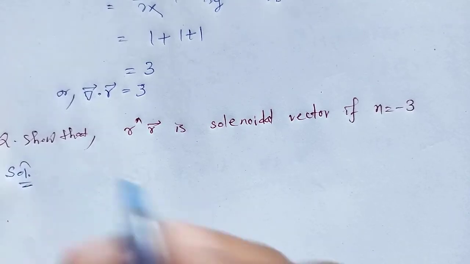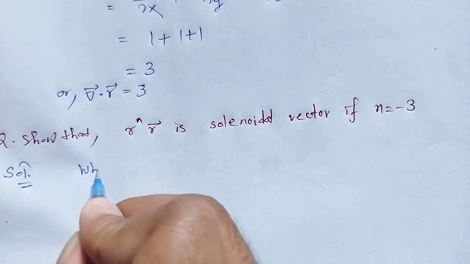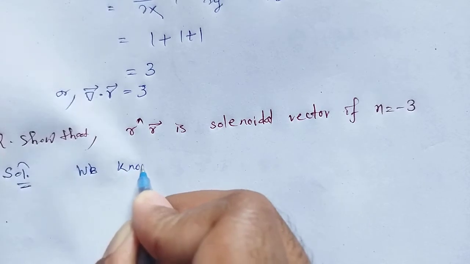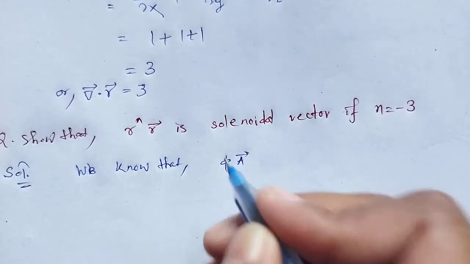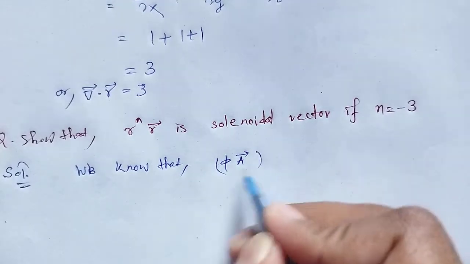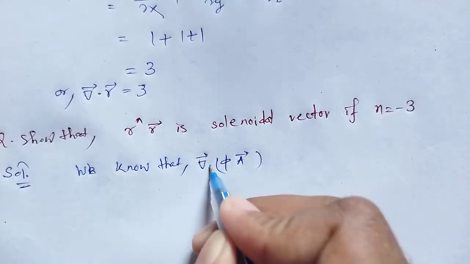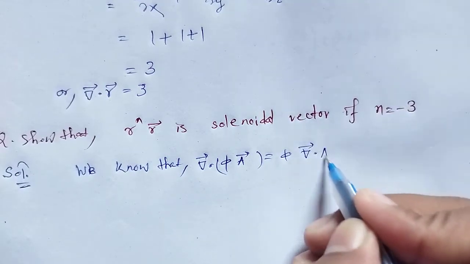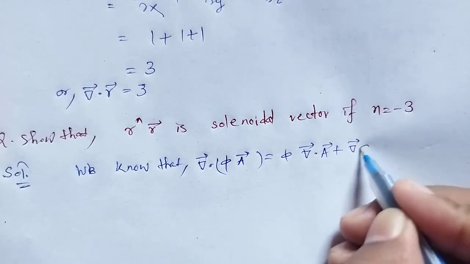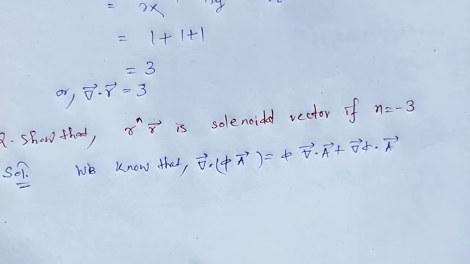The solution, we know that divergence of phi a vector, that is grad dot phi a, is equal to phi grad dot a plus grad phi dot a.